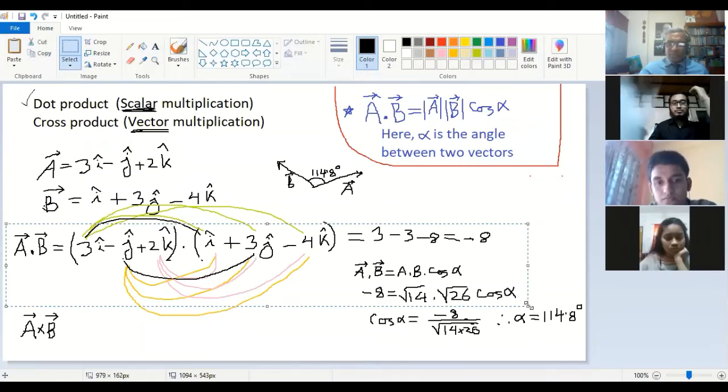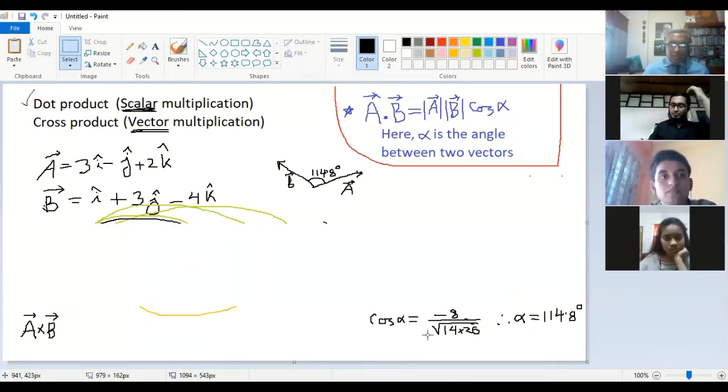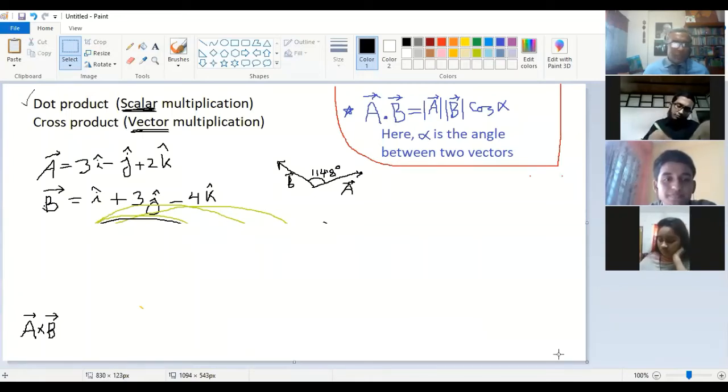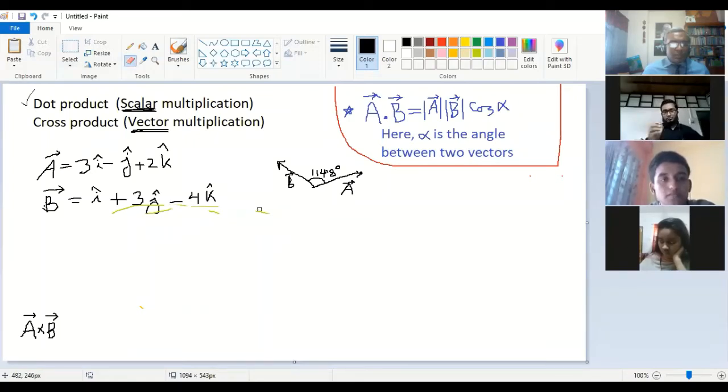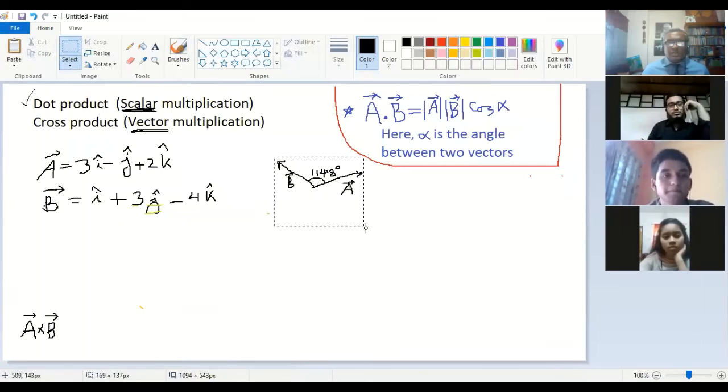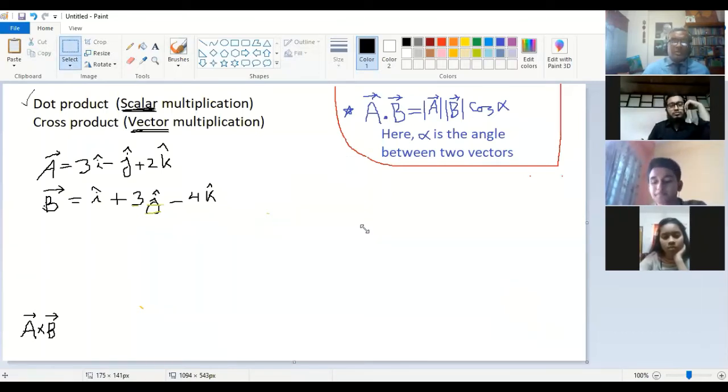But let me just finish this. I'm erasing all of this because you already copied my page. Okay, at least I'm assuming so. So we are now moving to the cross product. In the same way, for the cross product also, I need to explain what I cross I and J cross J are.